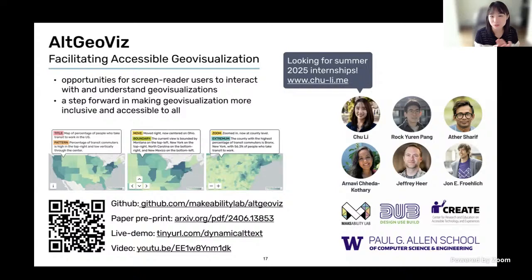Currently, it only supports choropleth maps, but other types of geovisualizations such as point data, it's definitely possible in future work. There is a lot of prior work that's been done in summarizing spatial data patterns that could be incorporated into AltGeoViz in the future.